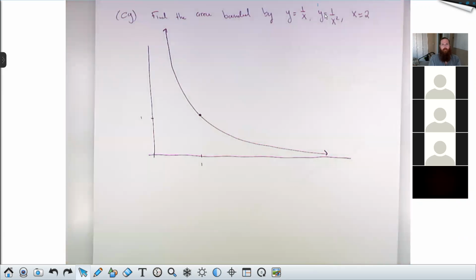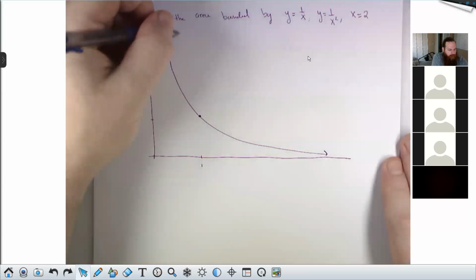And then what about 1 over x squared? Well, if x is bigger than 1, then x squared is definitely bigger than x. So everywhere to the right of 1, this guy should be underneath this guy because his denominator is bigger than this guy's denominator. So overall, he'll be smaller. But everywhere to the left, if you take a number between 0 and 1 and square it, the result is larger than the number itself.